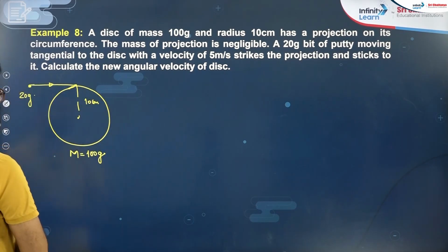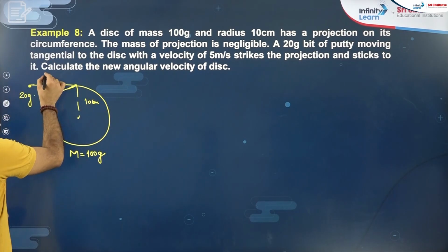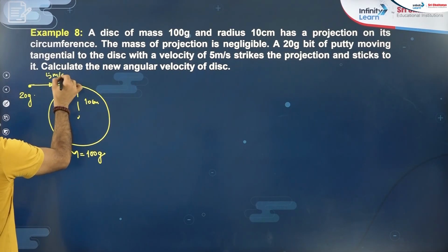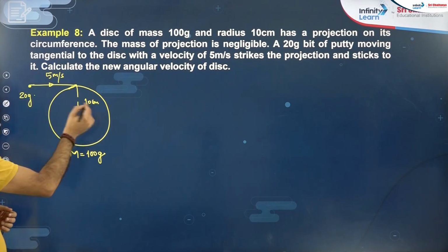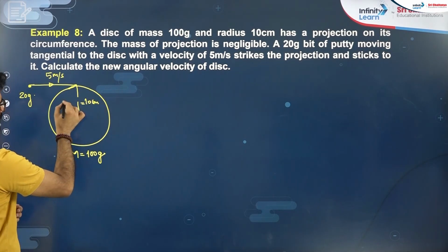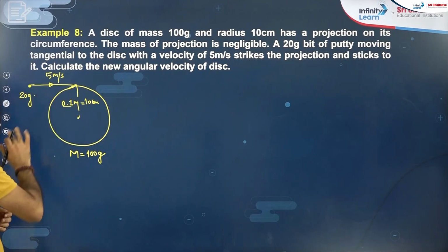Now try to understand. Initial velocity is 5 meter per second. We can convert this centimeter into meter, that would be 0.1 meter. These are a few values you have to focus on first.